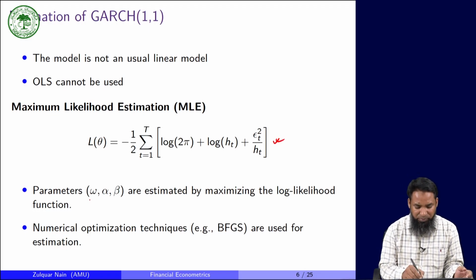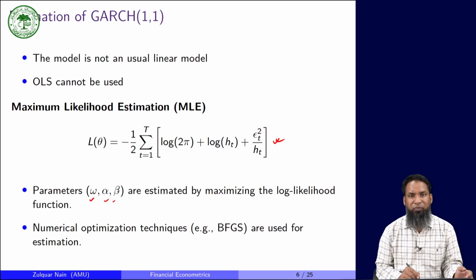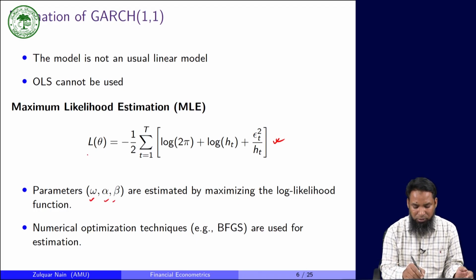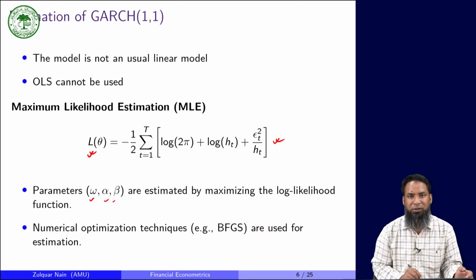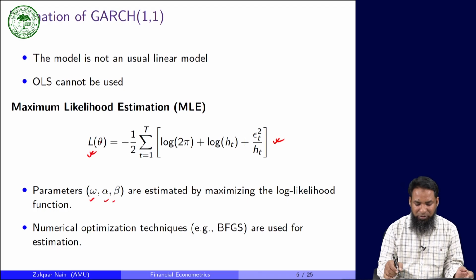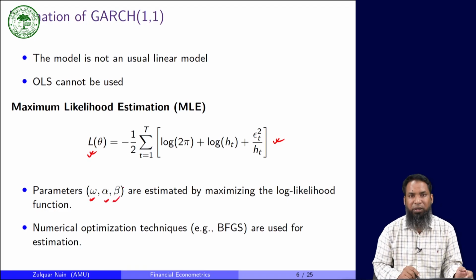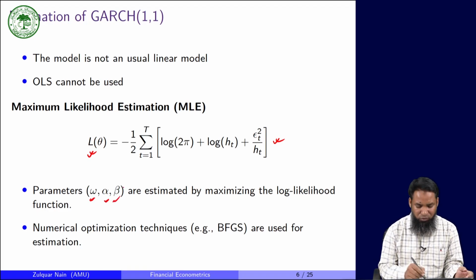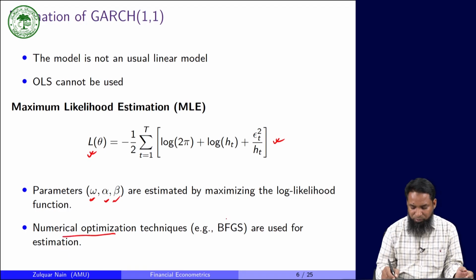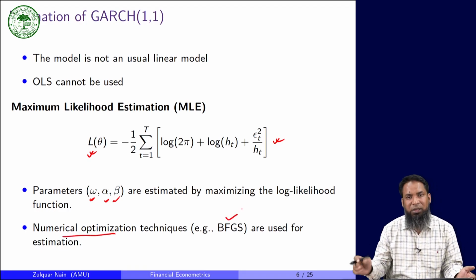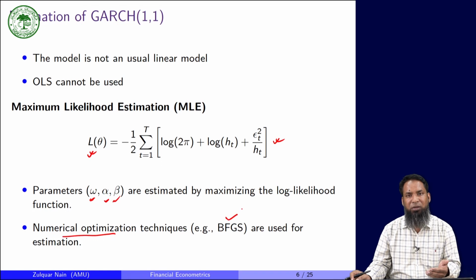To estimate the parameters omega, alpha and beta, we maximize this log likelihood function. So given the data, we maximize it to get the values of omega, alpha and beta. Often we use numerical optimization techniques, for example BFGS, and there are other techniques we use to estimate this particular model.